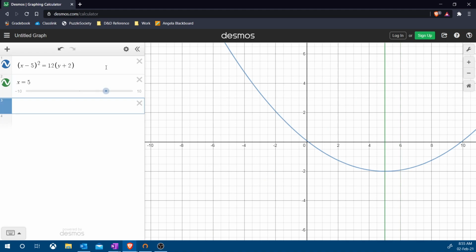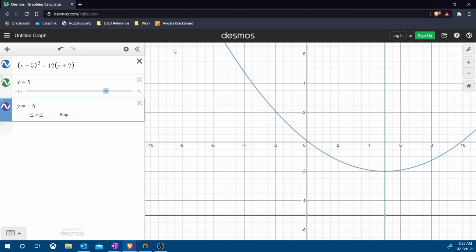And our directrix was y equals negative 5. Okay. And our focus was (5, 1). That looks pretty equidistant to me. That worked out nicely.